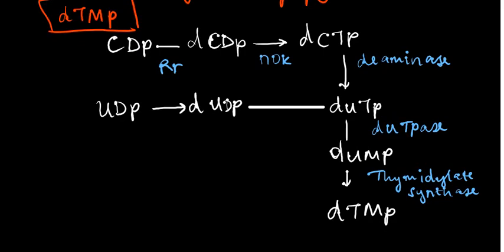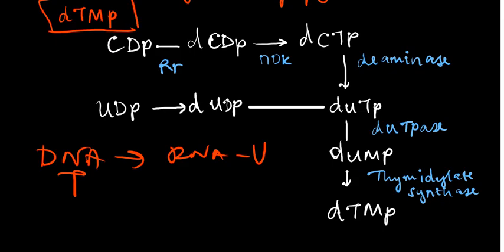So DNA varies from RNA in that RNA has uracil, whereas DNA has thymine. Alright, so the de novo pathway to thymine involves only ribonucleotides, okay, because we're talking about DNA.